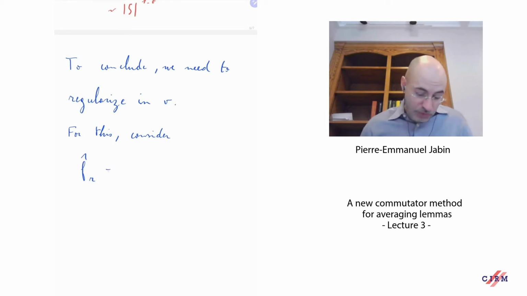Since I'm in Fourier, regularization just means that I'm multiplying by something, and the something that I am going to multiply with, again, I have to be careful with it.